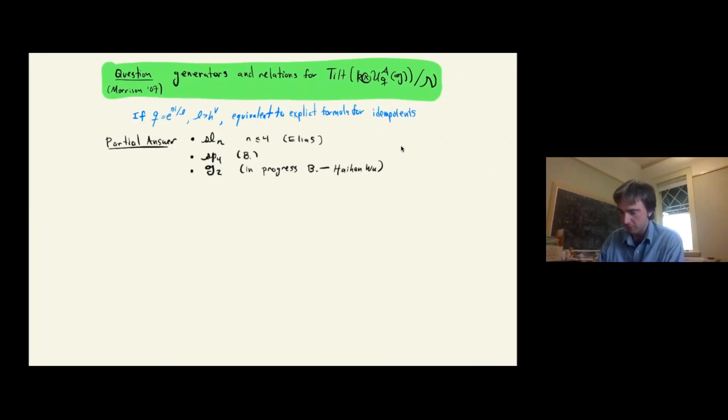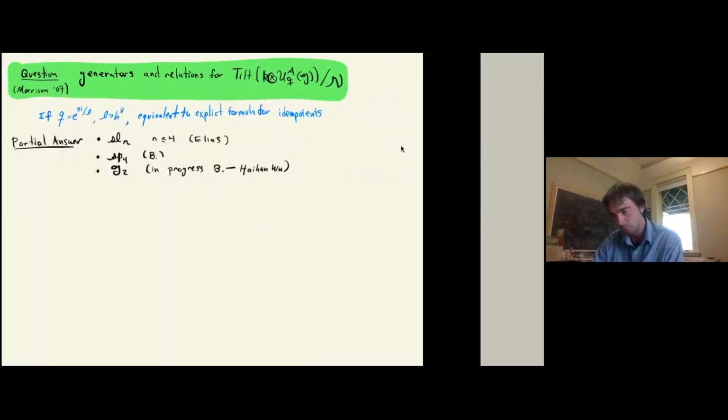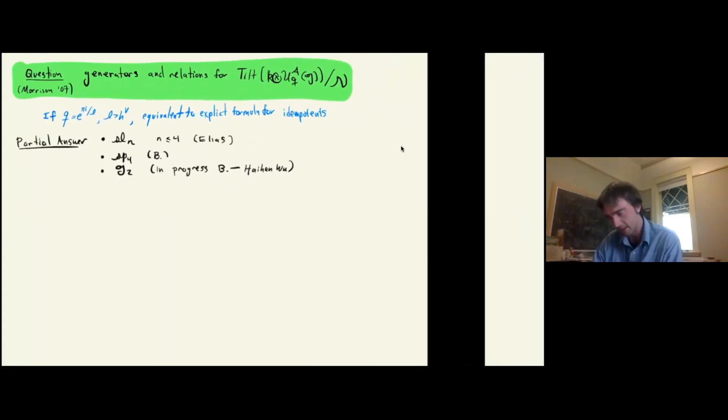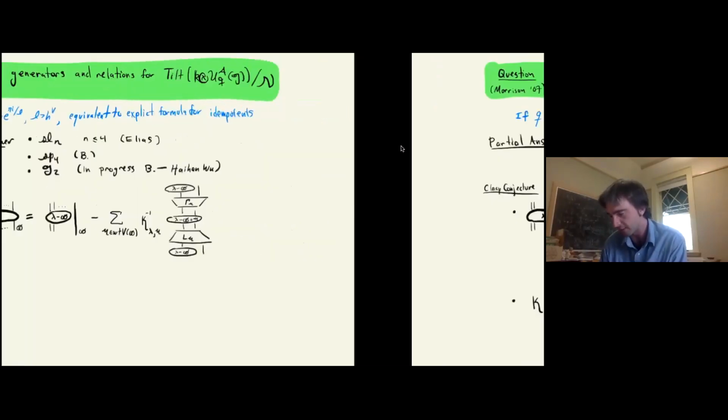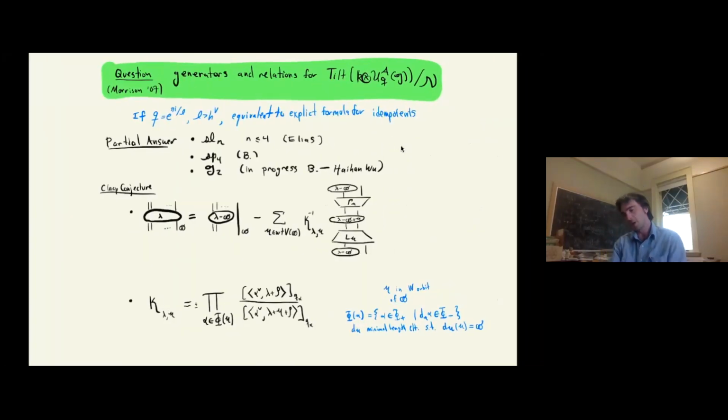I was able to do this for SP4, and then with Haihan Wu, we are writing up now the answer for G2. Ben has a conjecture in general, which he's calling the clasp conjecture, that there's some form of the idempotent given recursively like this, where the coefficients are in a special case given by this Lie theoretic data.